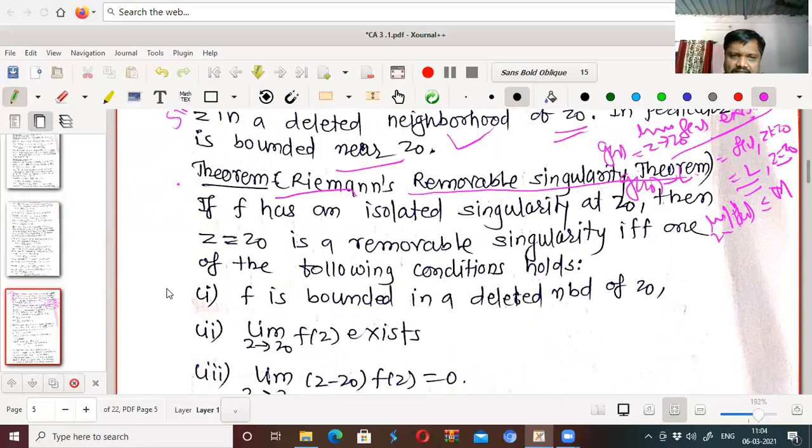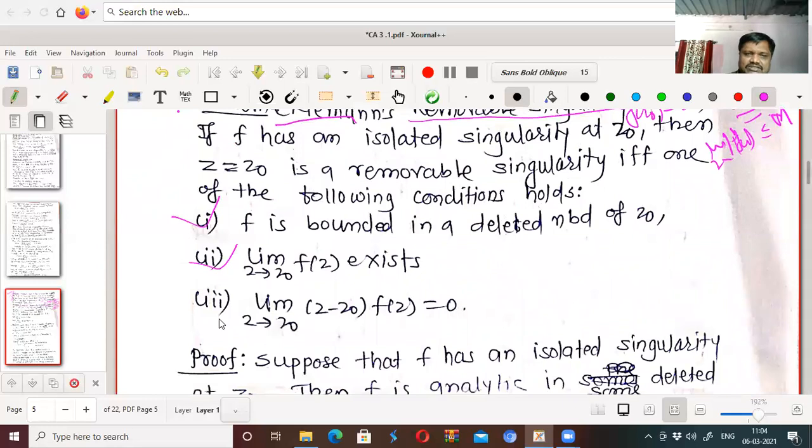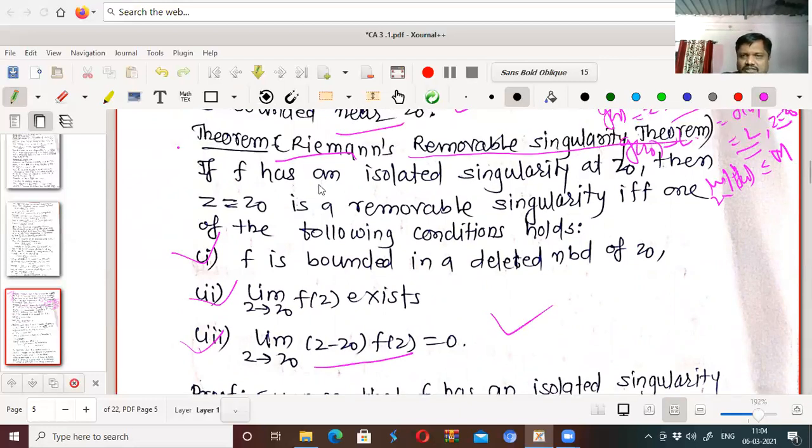Either f is bounded in a deleted neighborhood of z0; or the limit of f of z as z tends to z0 exists; or third, the limit as z tends to z0 of z minus z0 times f of z equals 0. So we are saying an isolated singularity at z equal to z0 is removable if and only if one of these three holds.